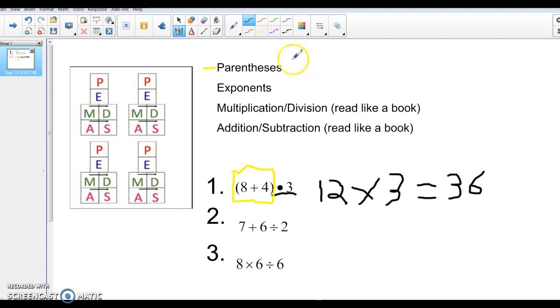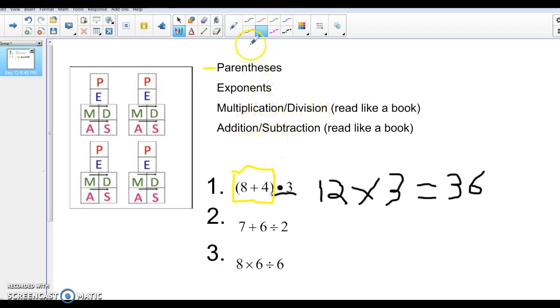All right, let's take a look at our second problem. Our second problem is 7 plus 6 divided by 2. Now, some of you might be very eager to add the 7 and the 6 and get 13, and then divide 13 by 2. But if we look at our order of operations, we see that multiplication and division come before addition and subtraction.